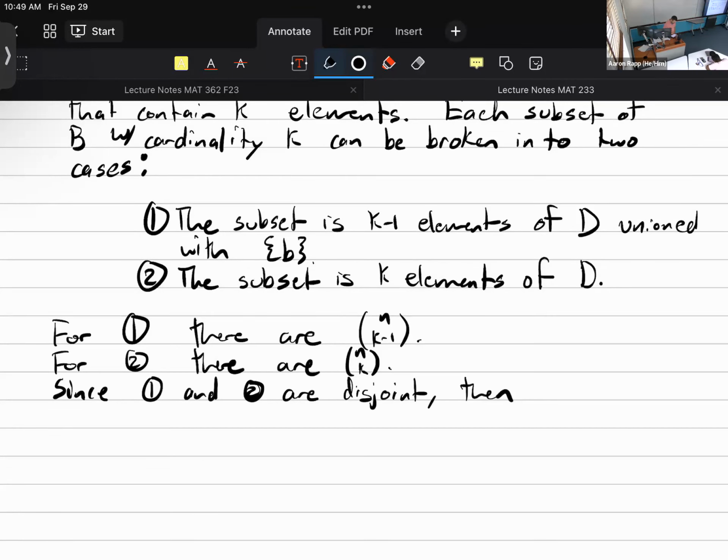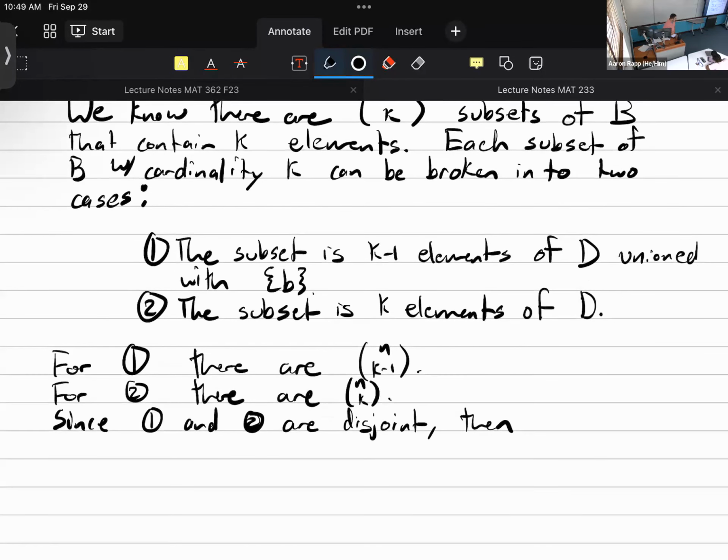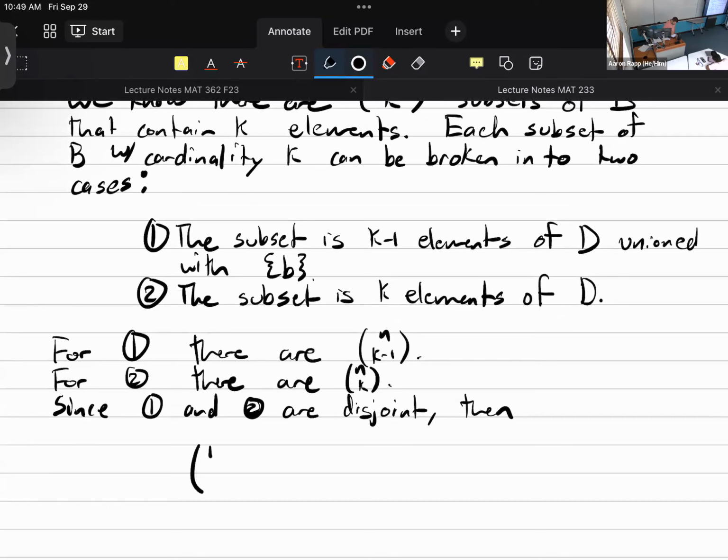Then I know the total number of subsets that I can choose of k elements from n+1 would be equal to my first instance, which is n choose k-1, plus my second instance, which is n choose k.